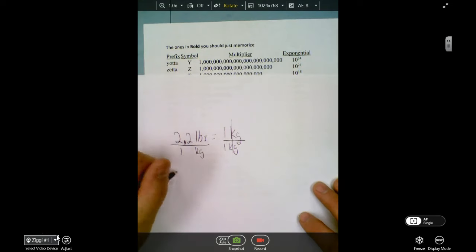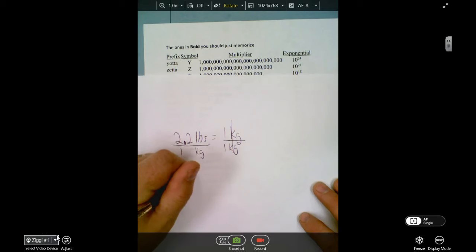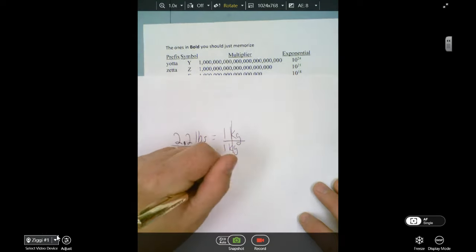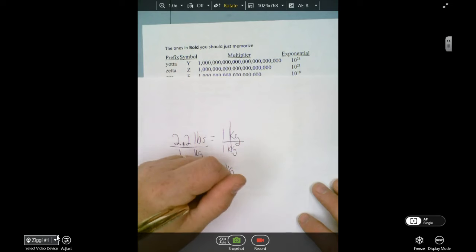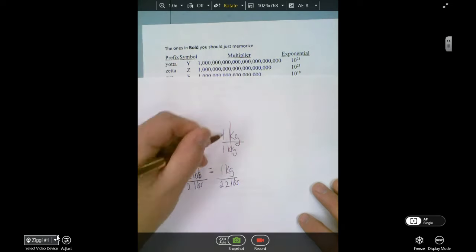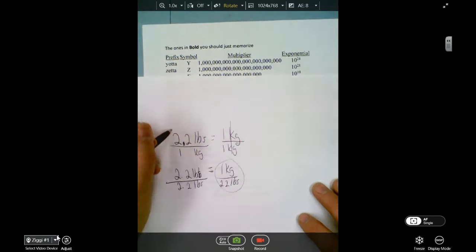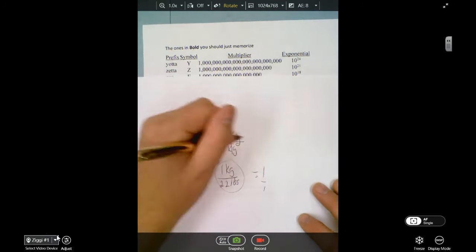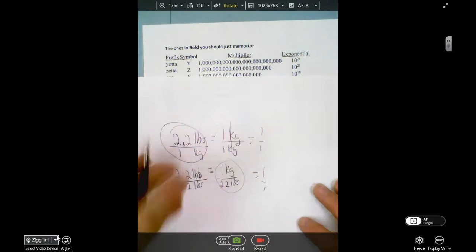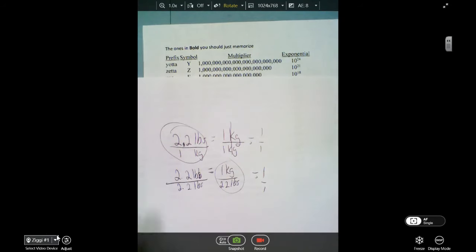I could also have gone the other way: 2.2 pounds equals 1 kilogram, divided this by 2.2 pounds and gotten 2.2 pounds down here. So I end up with this, and this is a conversion factor. They're both equal to 1 over 1. And I can flip these back and forth.